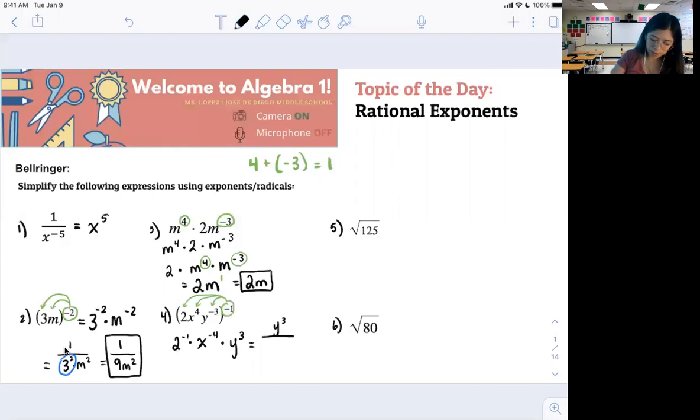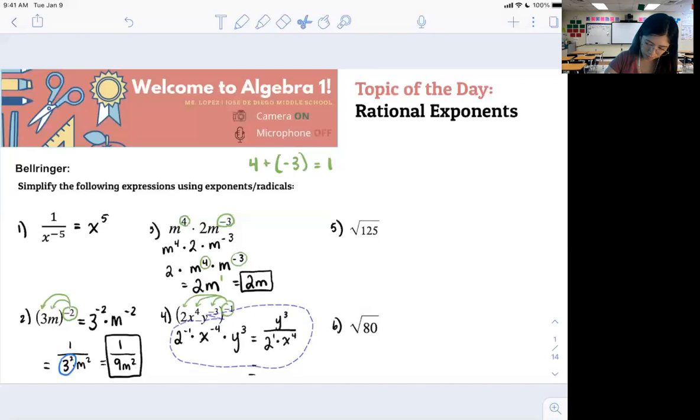Okay, and then down at the bottom, I get 2 to the power of 1 times x to the power of 4. Do I need to write that 1 on the 2? No. Nope. So I'm going to just write this as, let me actually move this up a little bit. Okay.